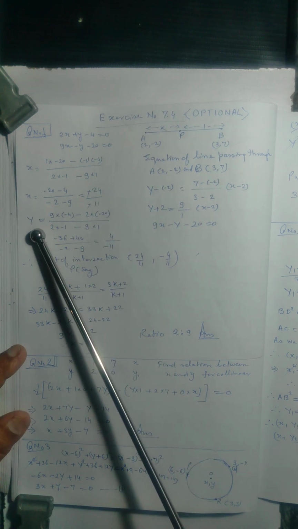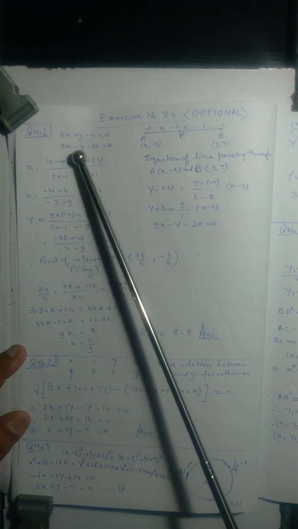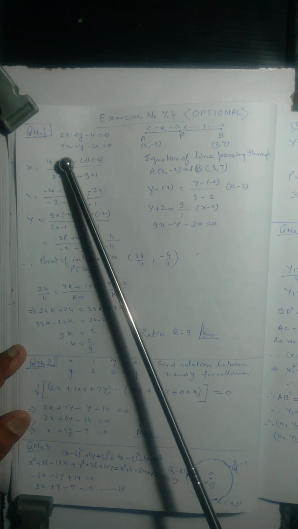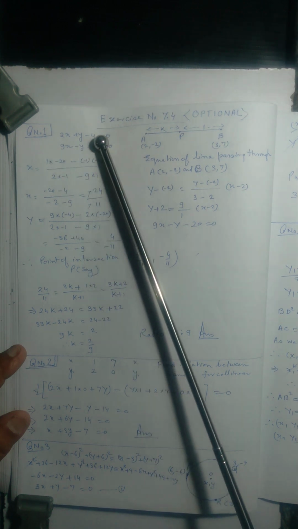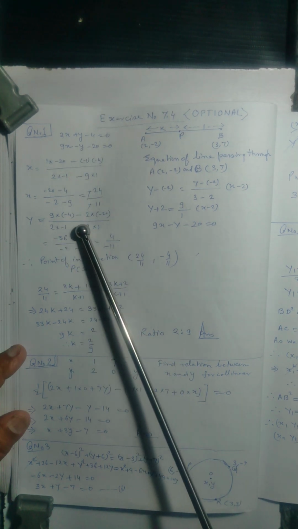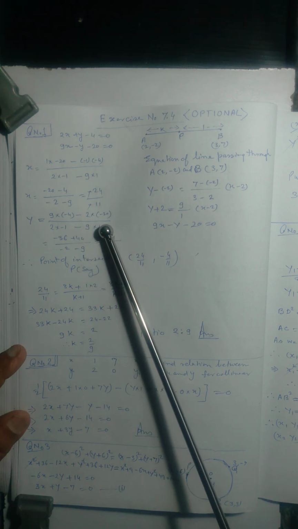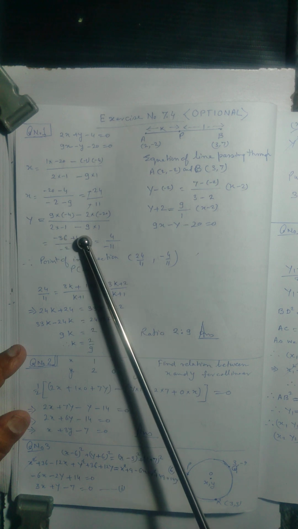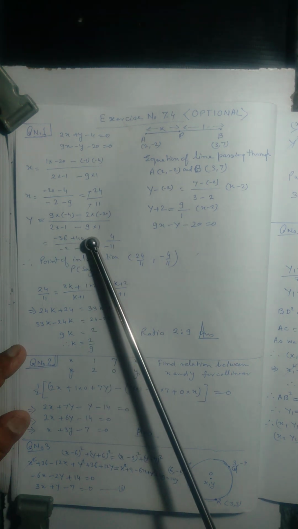Now to find the value of y, we cover the y portion, and we get 9 into minus 4 minus 2 into minus 20, whole upon 2 into minus 1 minus 9 into 1.